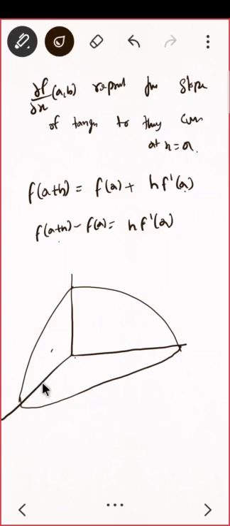Say here this is point x equal to a, and say here you are having y equal to b. Okay, so maybe I'll just put y equal to b here. So draw that. So this is x equal to a, this is y equal to b. Okay, so what will be this point if you just plot this on the surface?